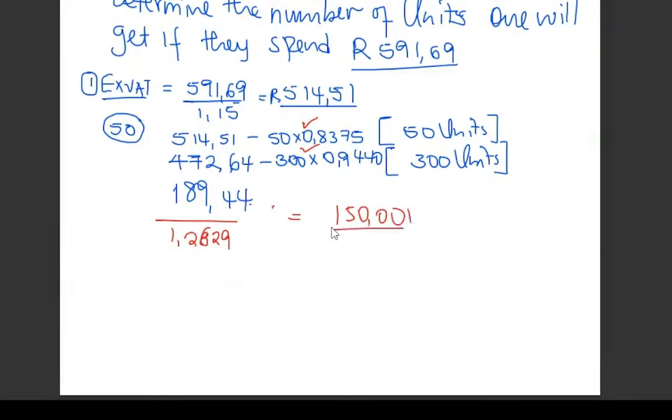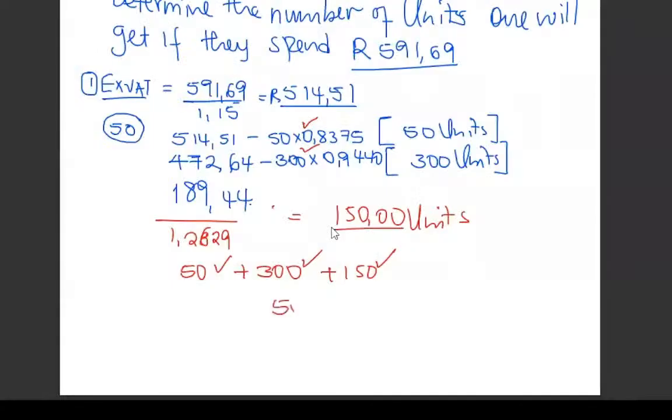So these are also units. So in total, it will be the 50 I've used in bracket 1 plus the 300 I've used in bracket 2 plus the 150 that I've used. So when I add everything here, I end up having 500 units, which is indeed right.